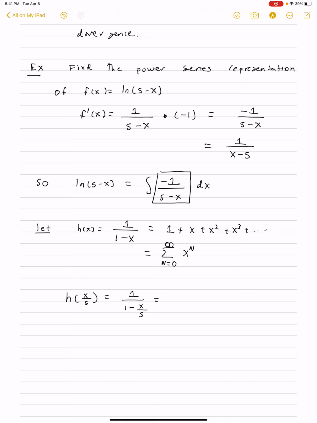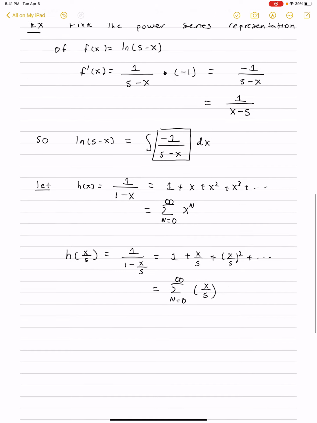And that's going to be 1 plus x over 5 plus x over 5 squared, and so on. This can be represented as the series where I just replace x by x over 5. That's composition. Well, why did I do that?